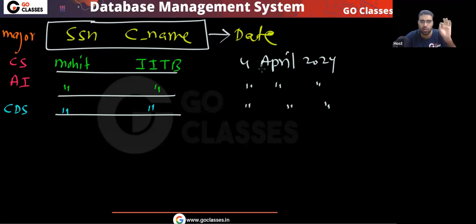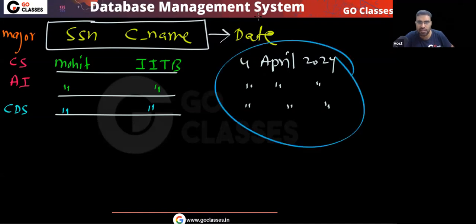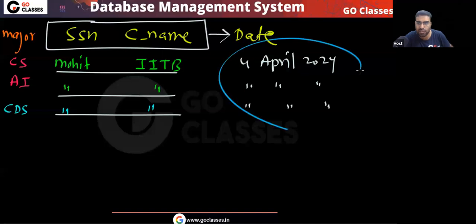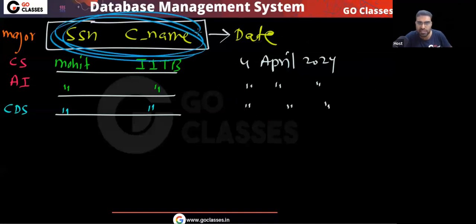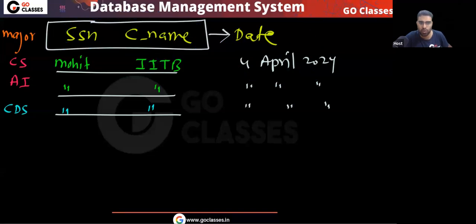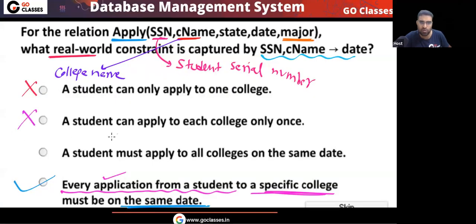Mohit can apply for IIT Bombay 3 times, 4 times, any number of times, but on the same date. For this combination, the date must be same. If this combination is same, then this value must be same. So option B is also gone.